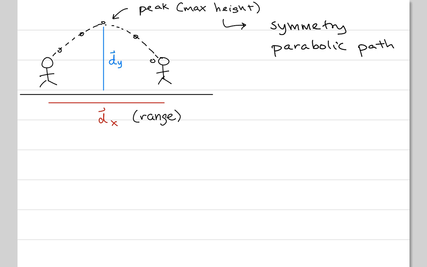The maximum height occurs at the half time mark. So if it takes 10 seconds for the one dude to catch the ball from the other dude, the maximum height would happen at 5 seconds, halfway. And of course, it's an idealized situation.